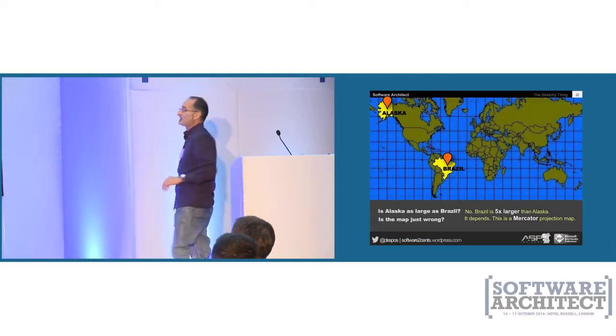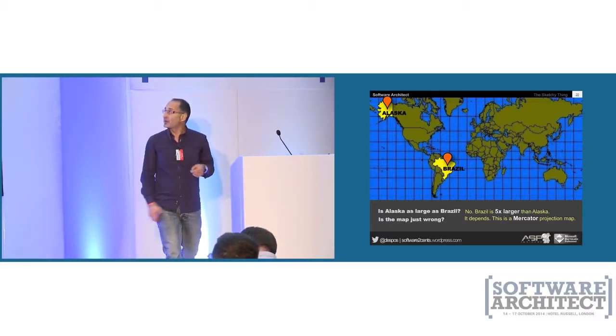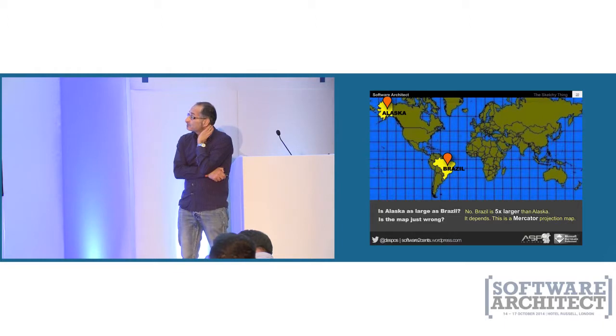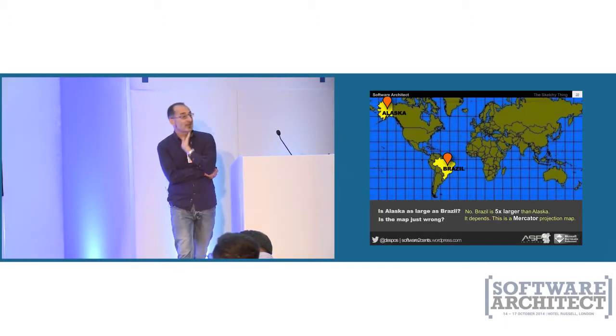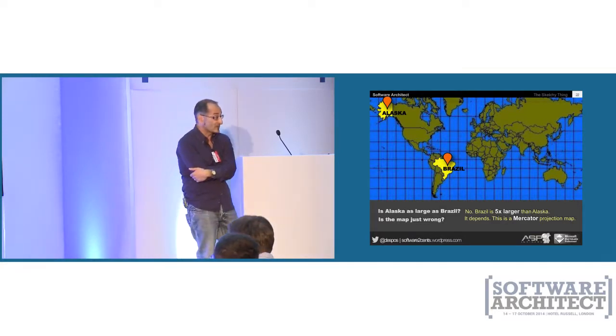This is a geographical map. I invite you to focus on a couple of areas here. Alaska and Brazil. Now, question: looking at the map, is Alaska as large as Brazil? I would say yes.